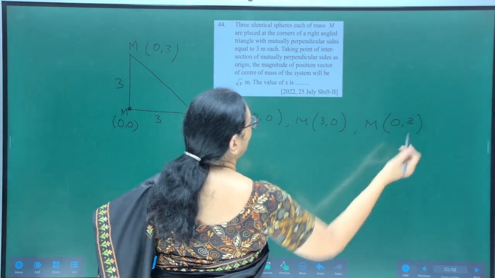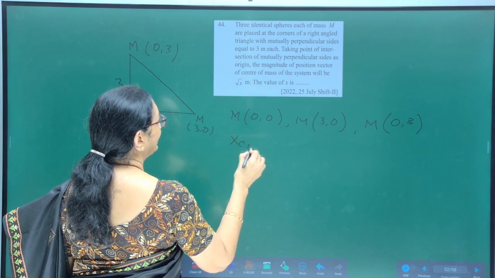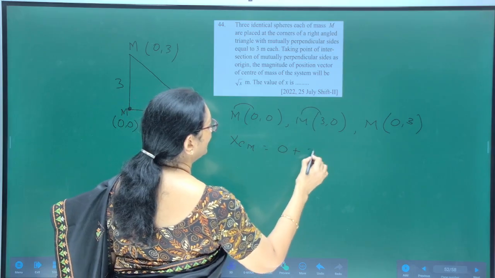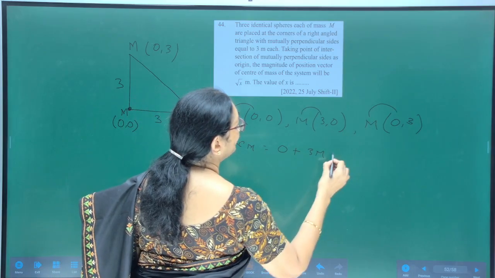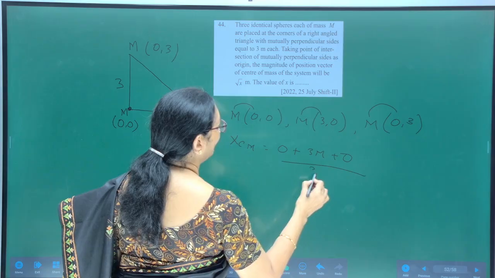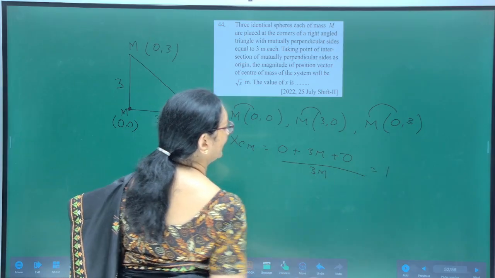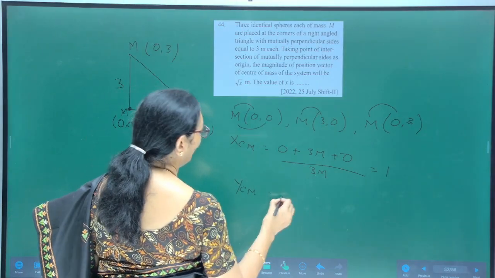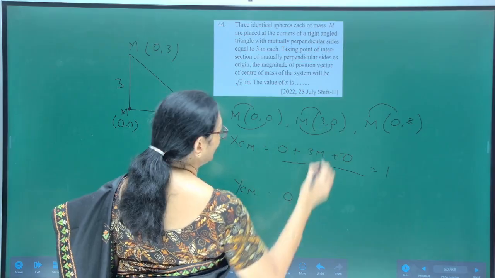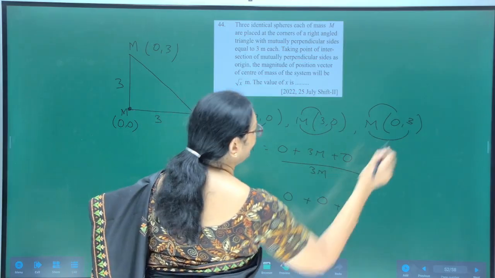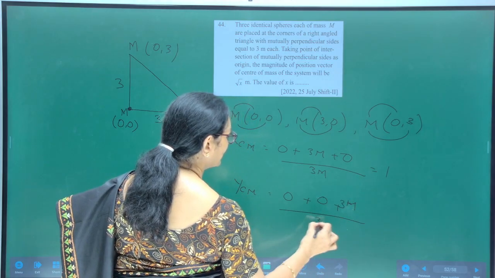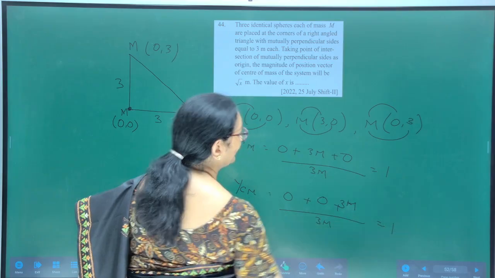So, here x coordinate of center of mass is m1 x1 plus m2 x2 plus m3 x3 by m1 plus m2 plus m3, that is equal to 1. Y coordinate of center of mass is m1 y1 plus m2 y2 plus m3 y3 by m1 plus m2 plus m3, that is equal to 1.